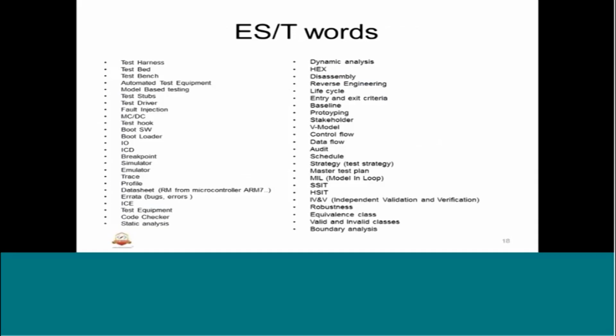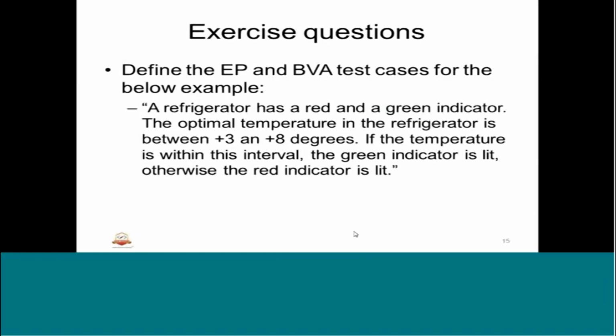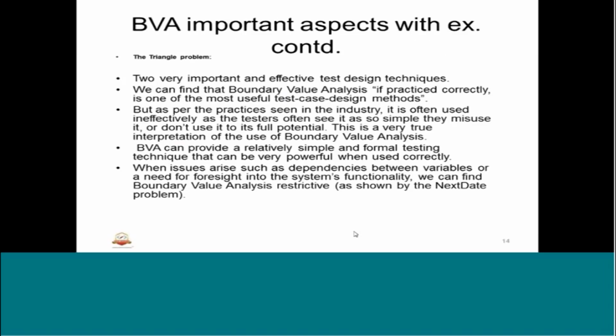Okay, so some of the embedded system testing words we will go through. We have defined all this in the previous sessions. We are going to have robustness, equivalence class, valid and invalid class, boundary analysis. Any new words we have learned today?